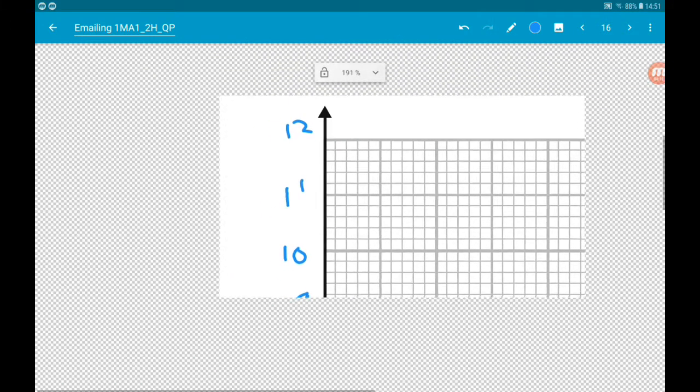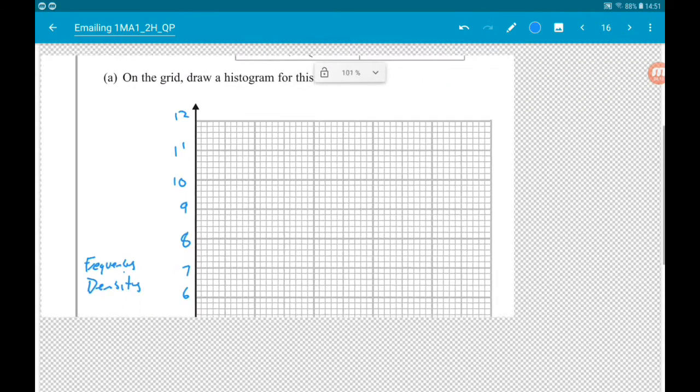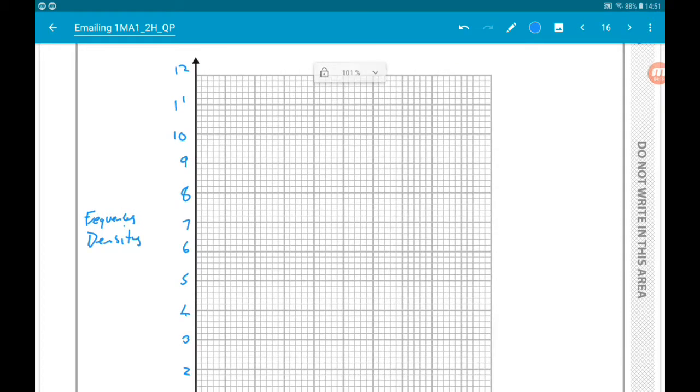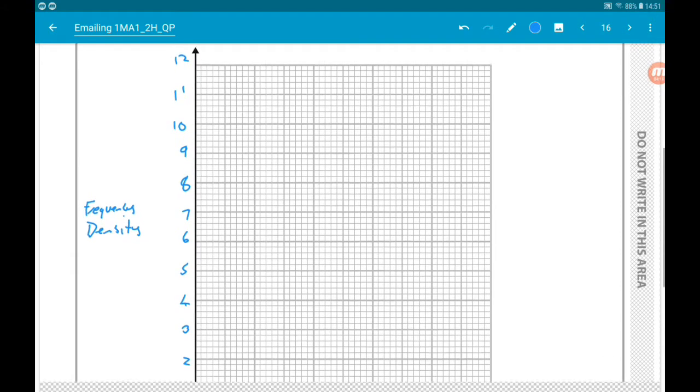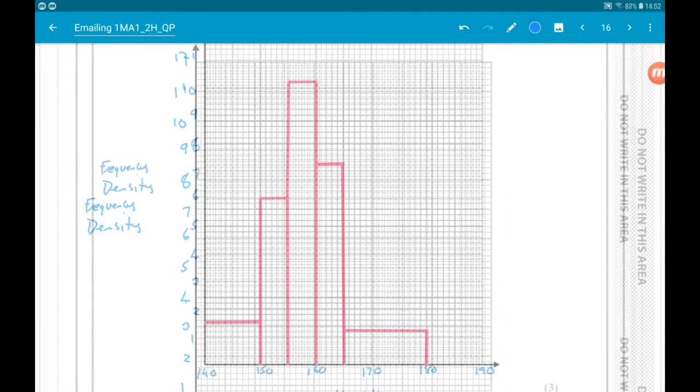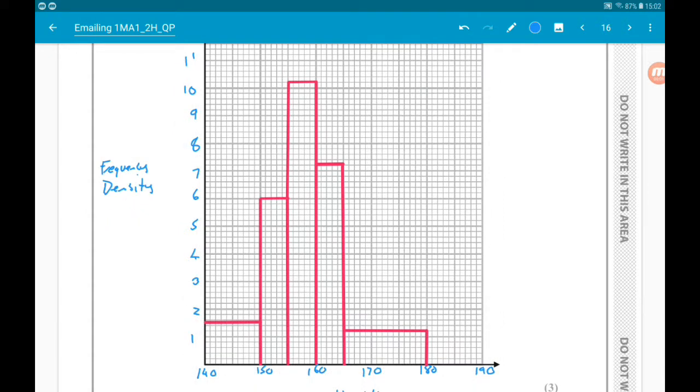Okay, so then it's just a case of drawing in the bars with the frequency density as the height and the widths along the bottom. Okay, so your histogram should look like that.